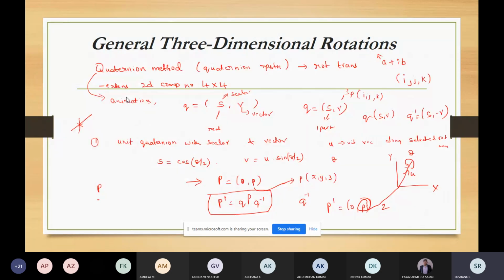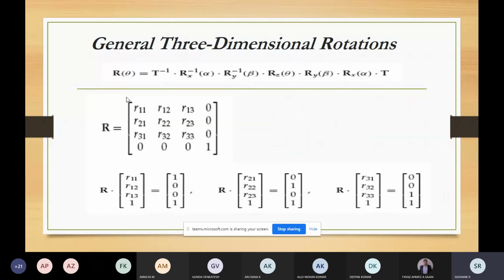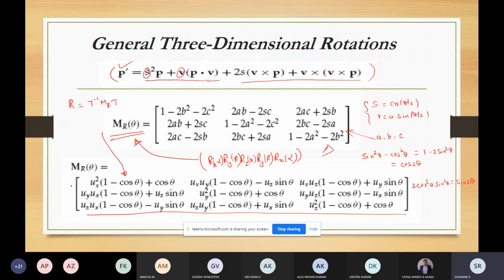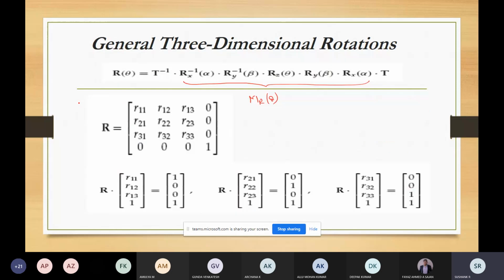So this is the complete equation of what we derived till now. This is MR of theta, given by this representation, and the equation R of theta will be the inverse translation, MR of theta, T. This is how it is used.